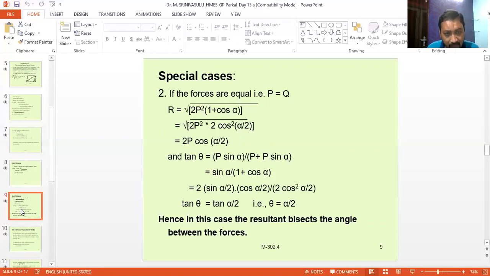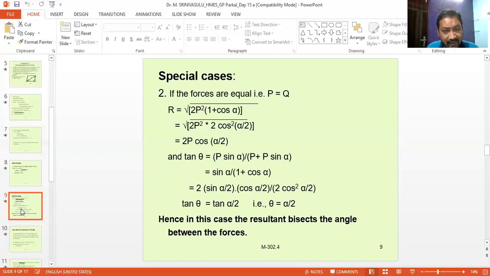So first one is P square, next one also P square, plus 2 into P into P into cos alpha. So when 2P square is common, it is 2P square plus 2P square cos alpha.